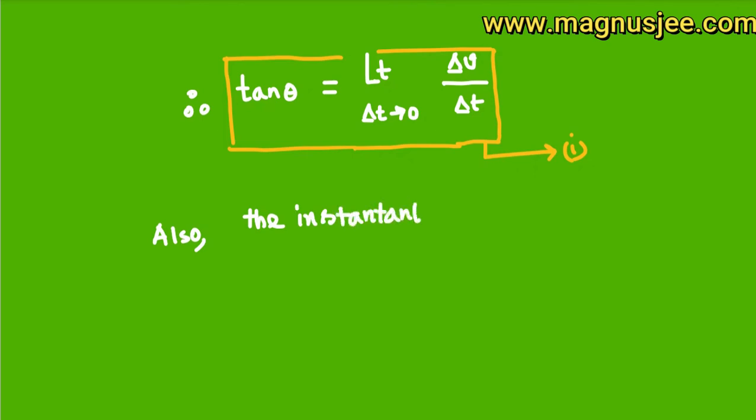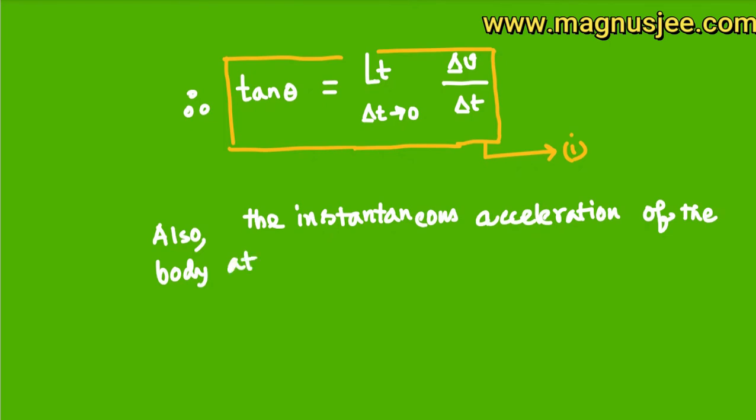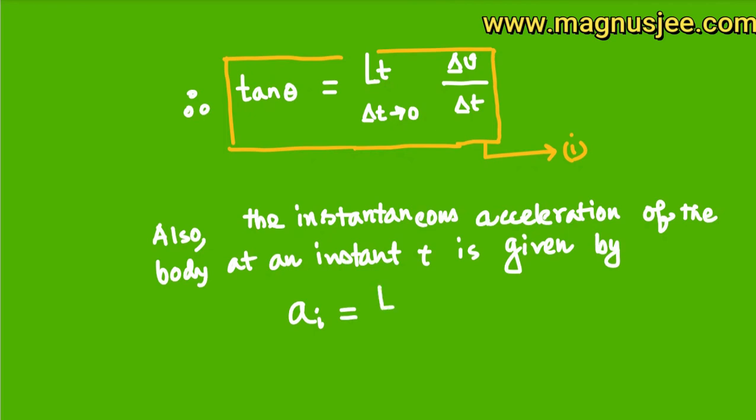Also, the instantaneous acceleration of the object or of the body at an instant t is given by a_i equals limit delta t tends to 0, delta v by delta t.